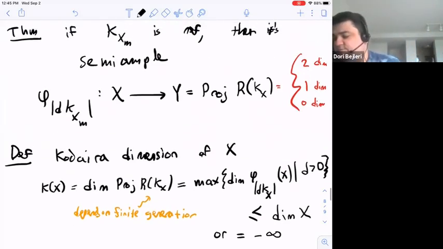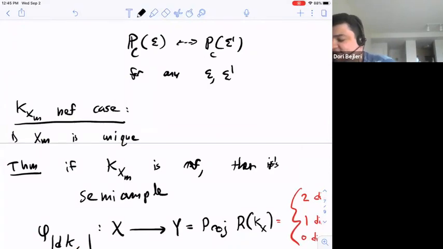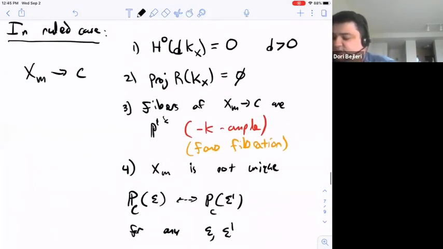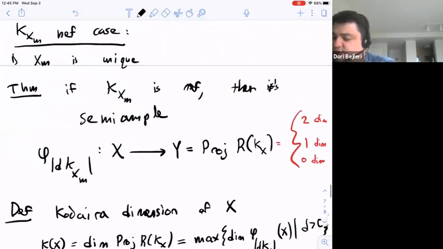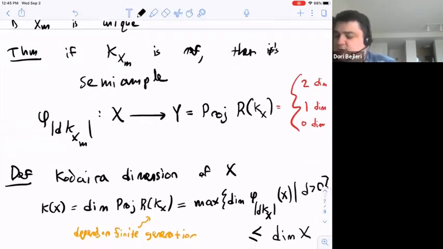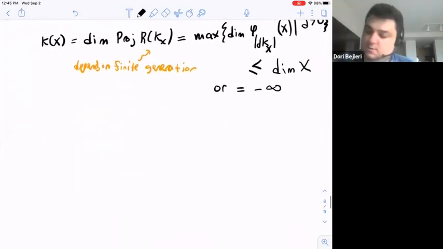Okay, and so basically now we can classify things in terms of the Kodaira dimension. This ruled surface case is the Kodaira dimension minus infinity case where we have no sections. And then by this theorem, each of the other cases are either Kodaira dimension 0, 1, or 2. And so now we can study within each Kodaira dimension what happens.